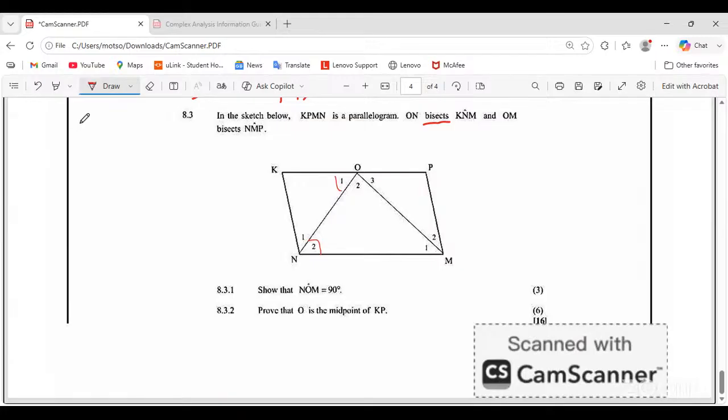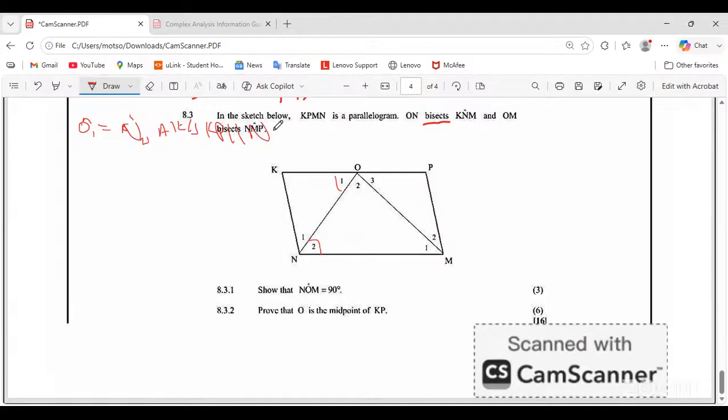Now we are saying this angle is equal to that angle. Angle O1 is equal to angle N2. Why? Because of alternating angles. Why? Because KP is parallel to NM.